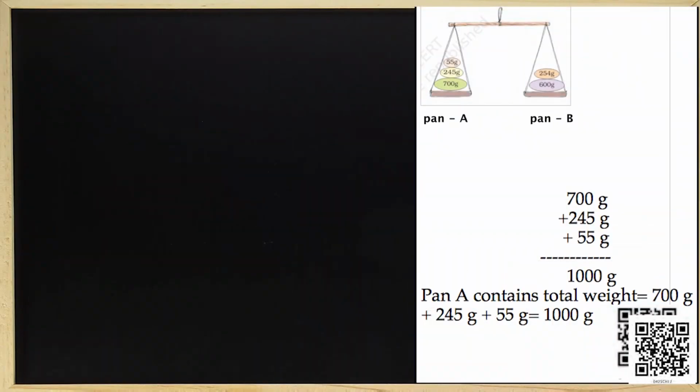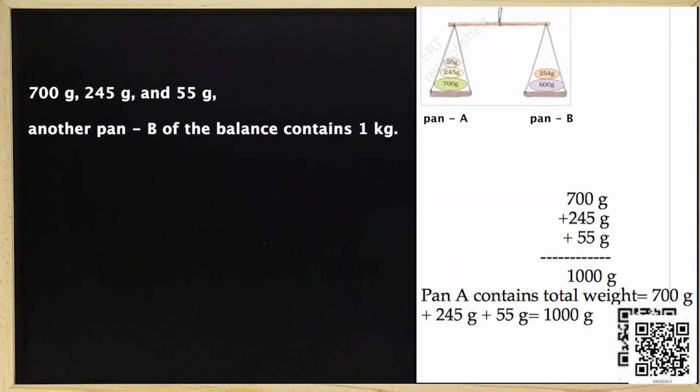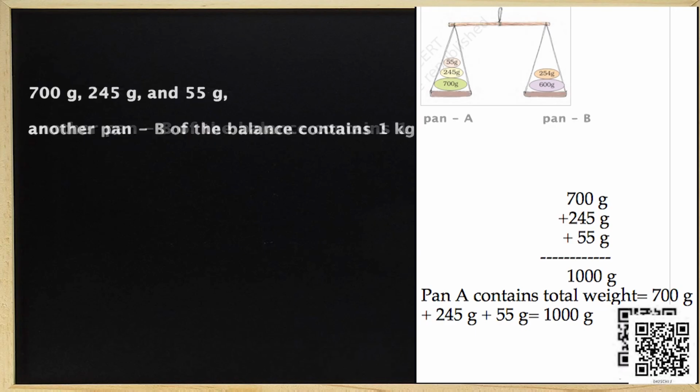Dear students, now observe another picture in which pan A of the balance contains 700 gram, 245 gram and 55 gram, and pan B of the balance contains 1 kilogram. Dear students, guess which pan will go down and why?